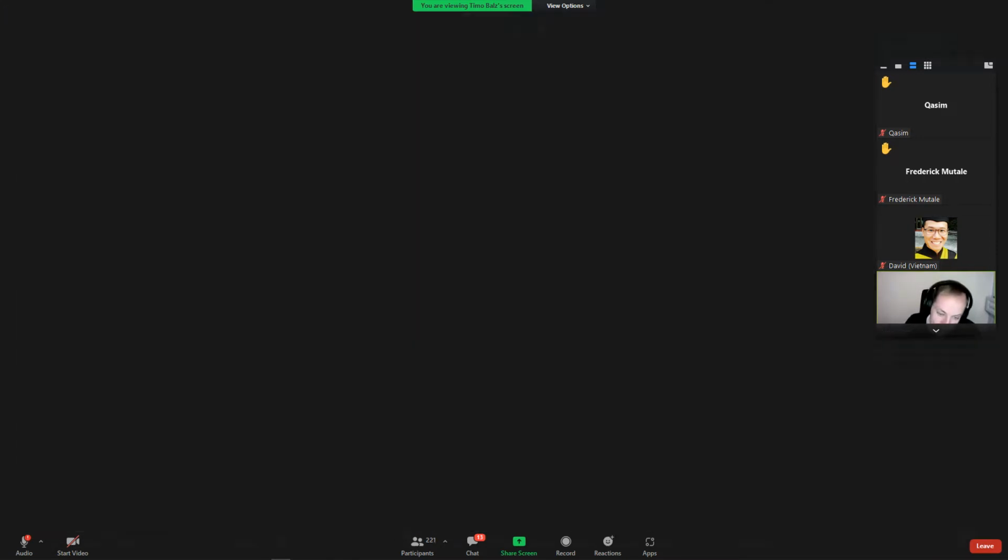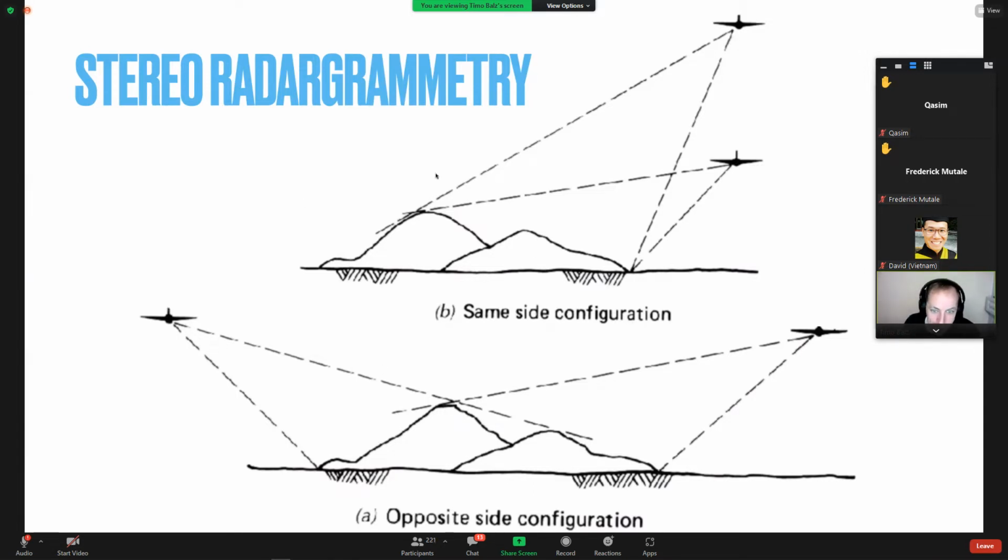Now, if we have opposite side configuration, our angle difference is even larger. So we get an even larger difference between these two images, right? If you have a very high point, like this mountain that I mark here, what is happening with foreshortening and layover is that this mountain will be moved toward this direction.